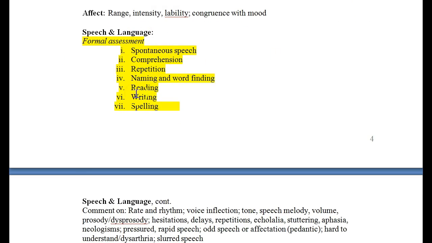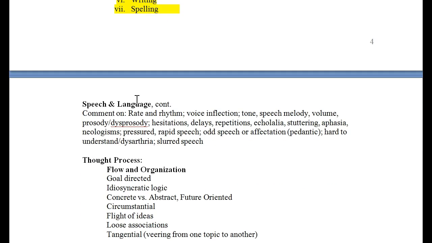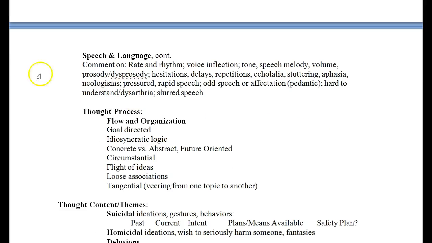This is, again, part of a formal assessment of speech and language that you will get many more details about how to perform, specifically in 452. But these are the components that you want to be sure you're hitting on. For a general assessment, you want to ask, what is their rate and rhythm? What is their inflection, their tone? Are they having difficulty getting their words out or finding words?